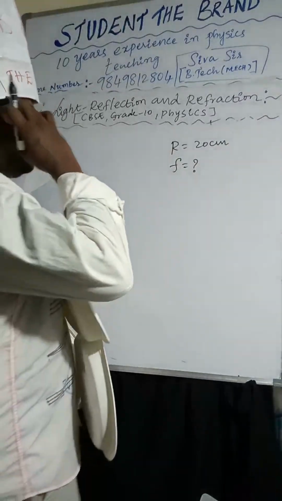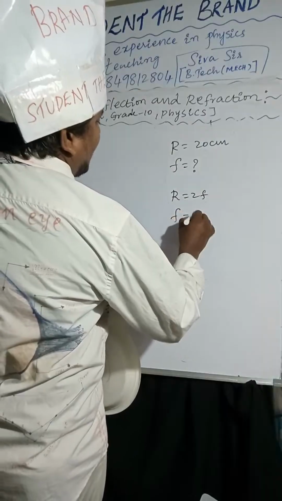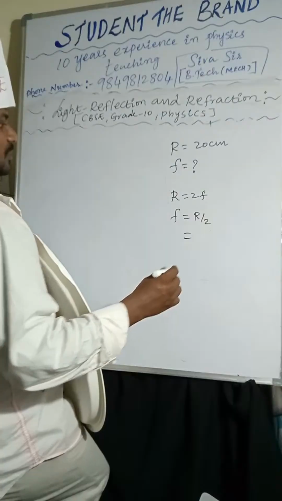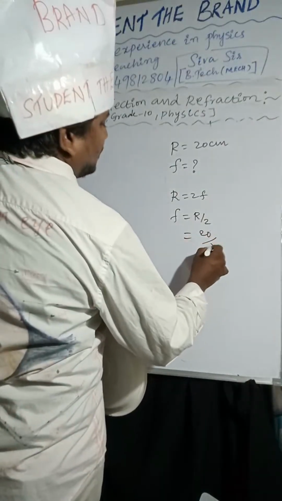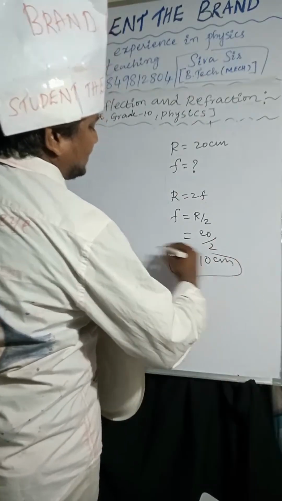So f equal to r by 2. R is 20, so 20 by 2, that is nothing but 10 centimeter. So focal length is 10 centimeter.